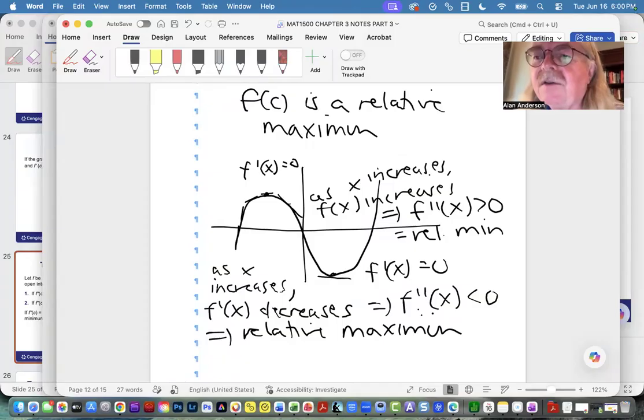All you're doing there is looking at the sign of the first derivative on either side of that point. So like here we saw that on either side, the slope of the curve goes from positive to negative. That makes it a relative maximum. Down here, the slope goes from negative to positive, and that's how we know it's a relative minimum. That's the first derivative test. It always works. So if the second derivative test fails, we just step back and do the first derivative test.